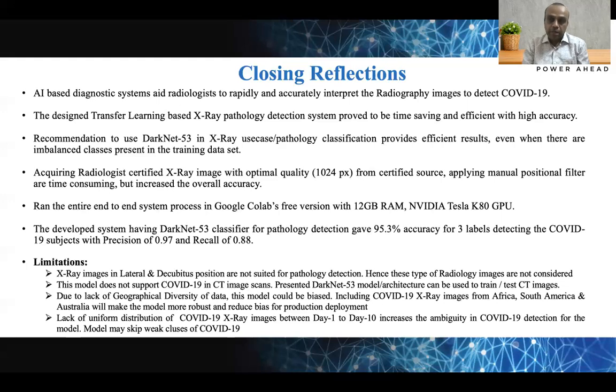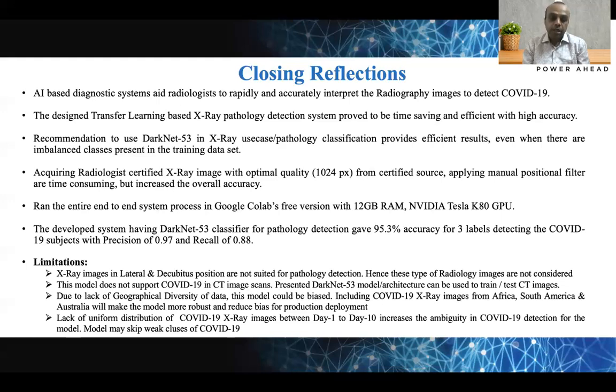And there is a possibility that some of the days of infection are not captured properly in these X-rays, and hence the model is not trained on those days, and it could result in missing this pathology in the end detection.